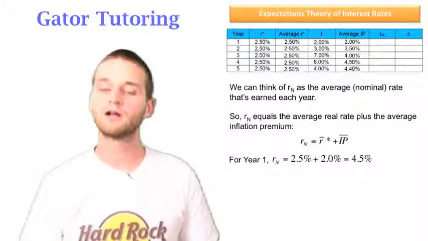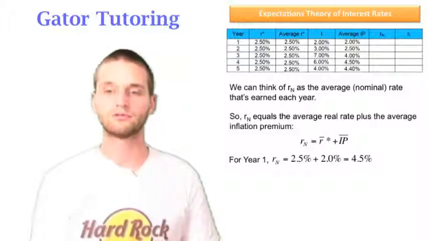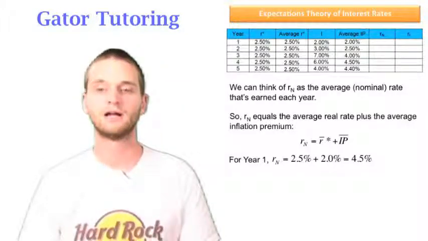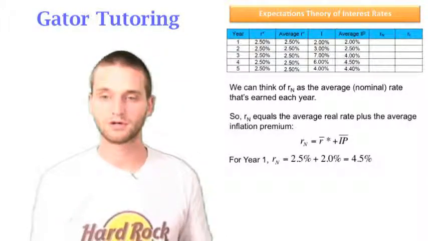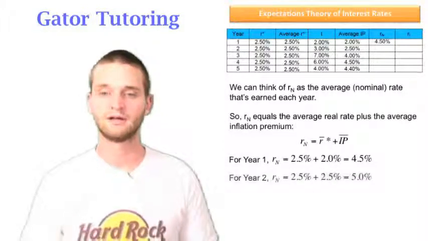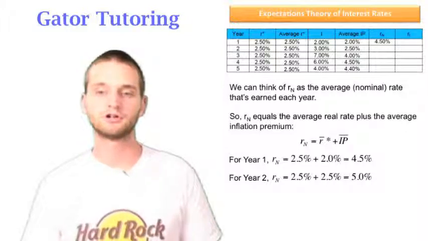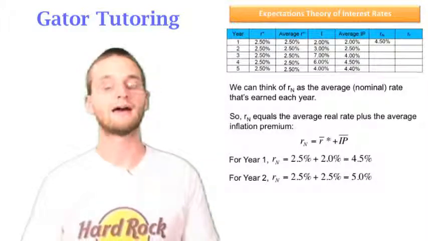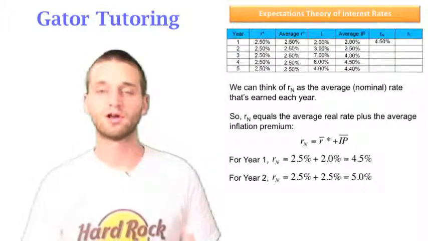For year 1, the long rate is equal to the real rate of 2.5% plus the average inflation premium, 2%, which is equal to 4.5%. In year 2, the average real was 2.5, the average inflation was 2.5, that gives us a long rate of 5%.